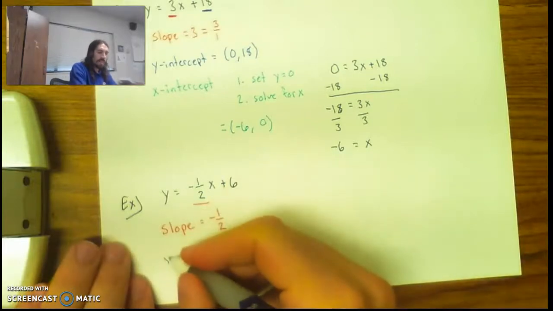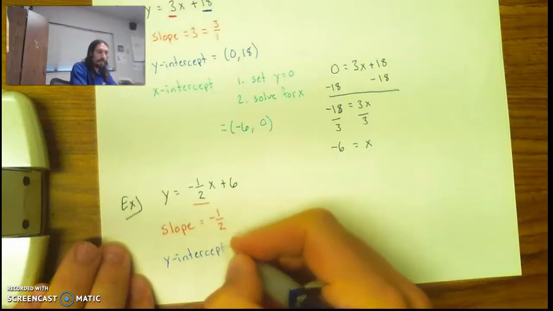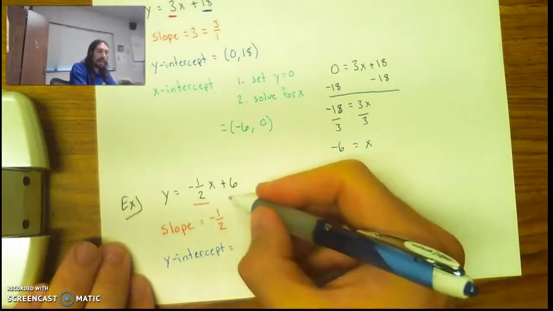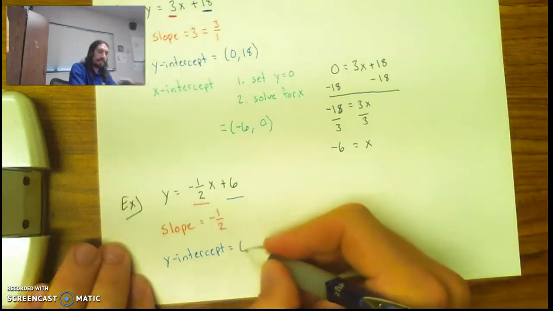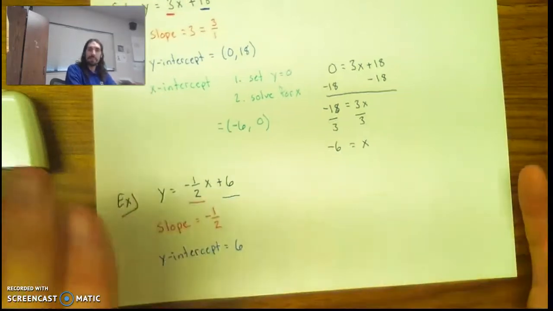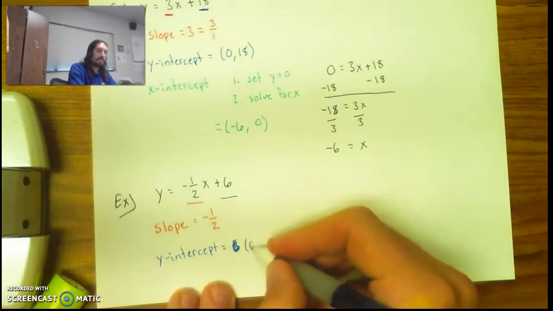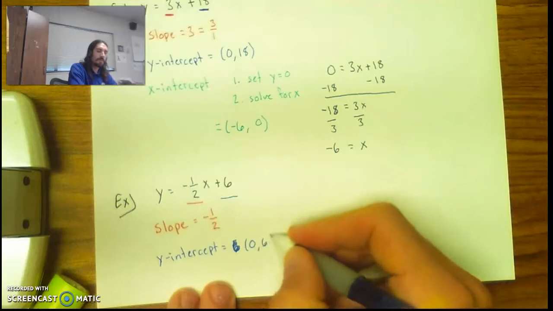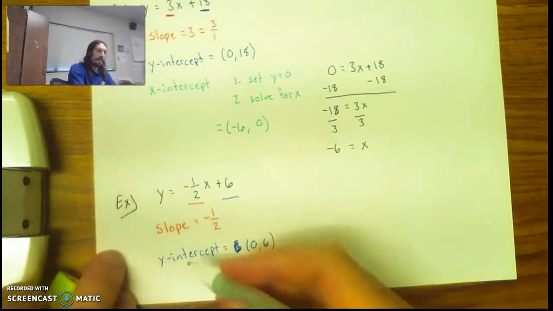My y-intercept is the number being added or subtracted without an x, so it will be 6. But oh wait, I just made a mistake because remember, we always want to list them as ordered pairs. So 0, 6.